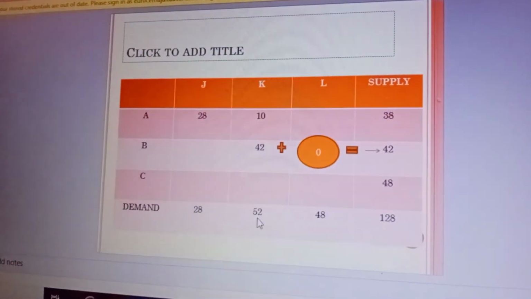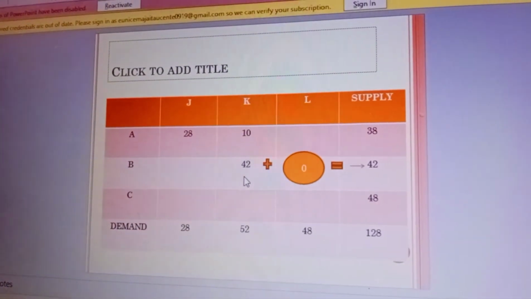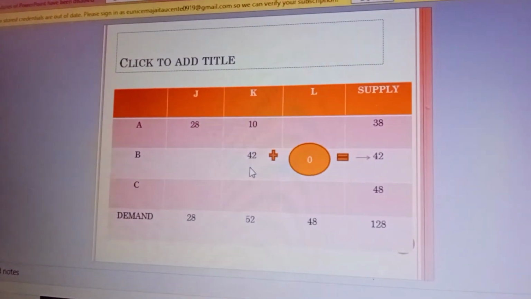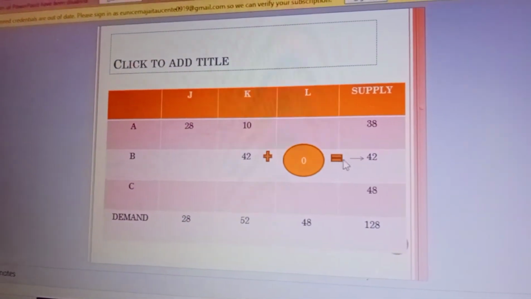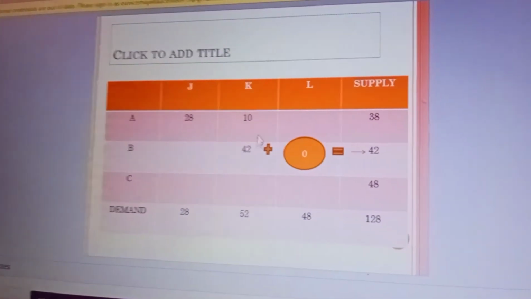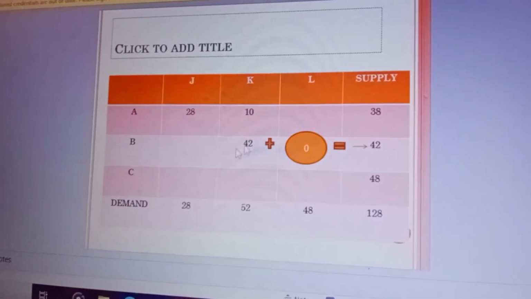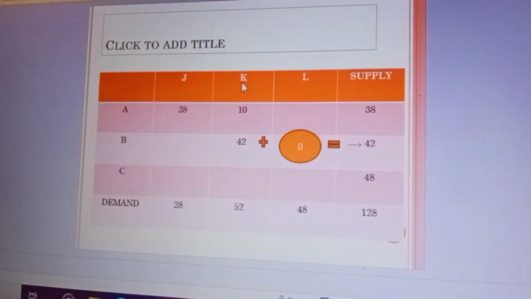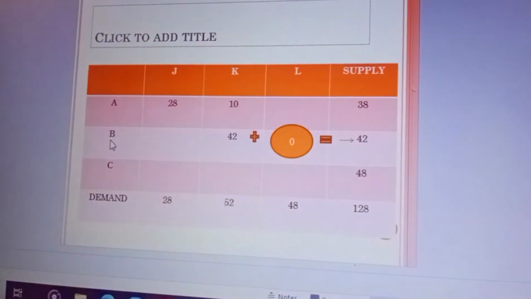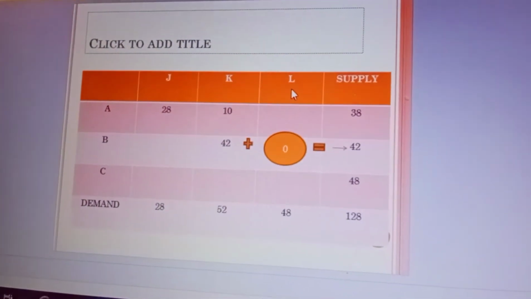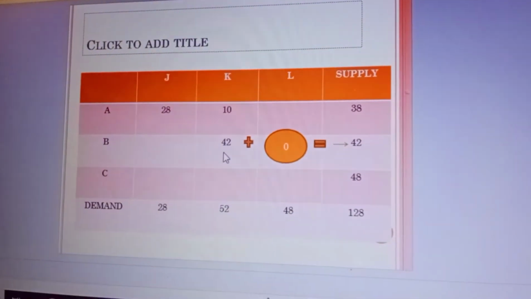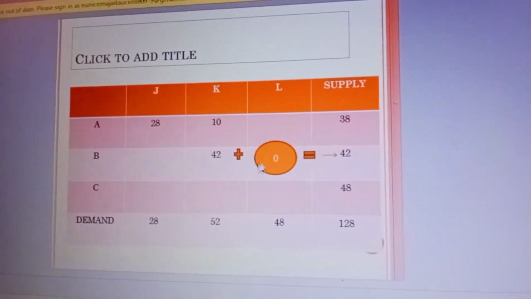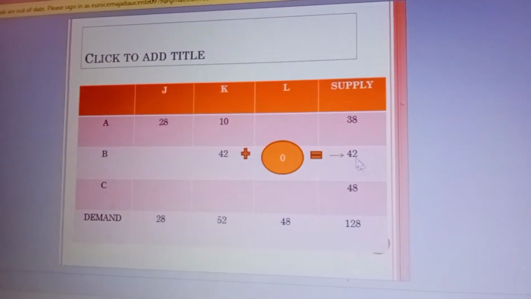And the same in this table, we have to find the number that if we add, the answer is also 42. So that's why the K of B and the L of B, the answer is 42, because in this column we have 0.